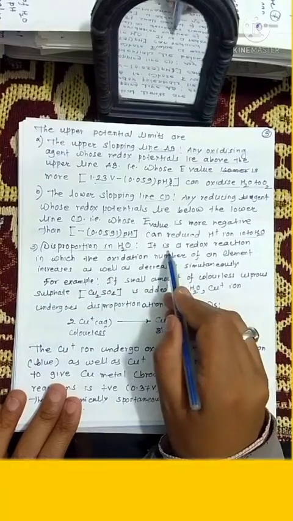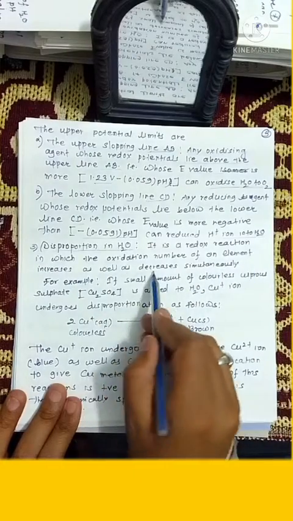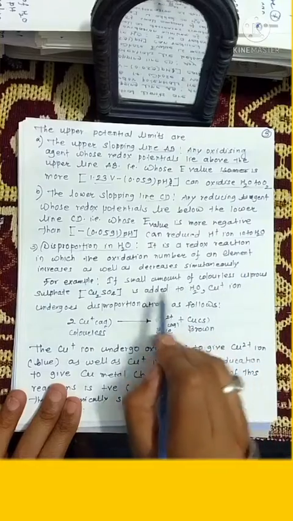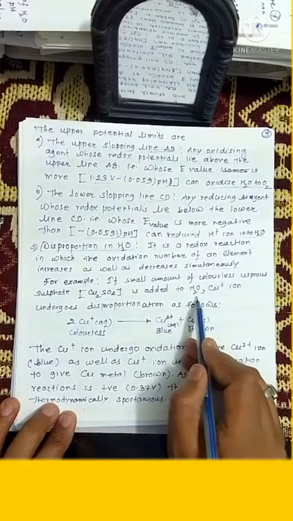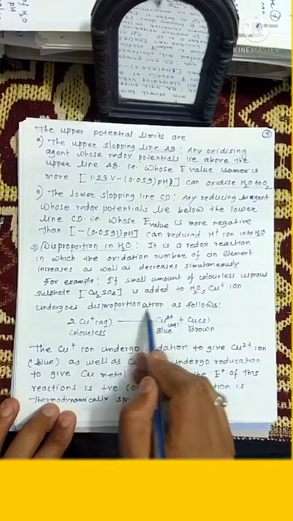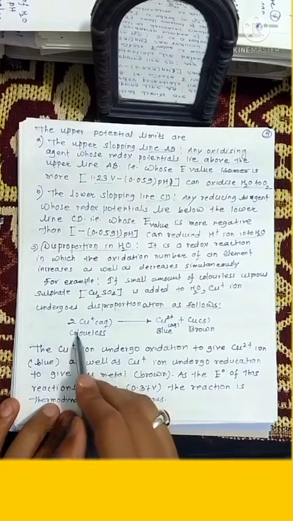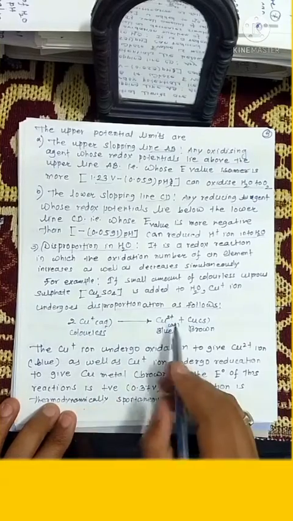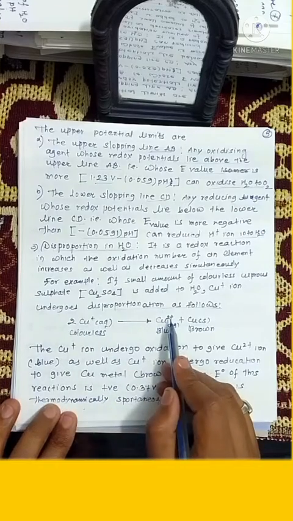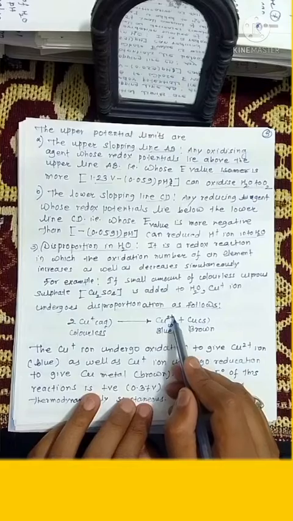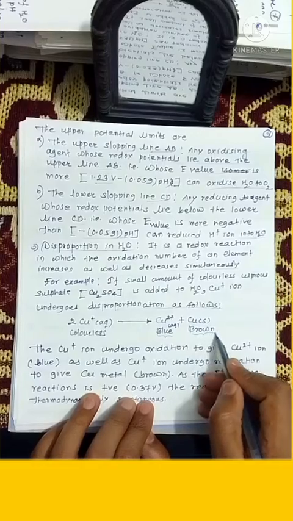Disproportionation in water is a redox reaction in which the oxidation number of an element increases as well as decreases simultaneously. For example, if a small amount of colorless cuprous sulfate is added to water, the copper ion undergoes disproportionation as follows. This 2 Cu+, which is colorless, when it is formed, undergoes a disproportionation reaction. It gives Cu2+, which is blue in color, and copper solid, which is brown in color.